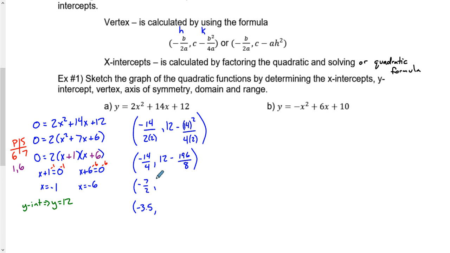Of course, if we're just strictly calculating, absolutely negative 7 over 2 would work out really nicely. Say 196 divided by 8 is 24.5. So 12 subtract 24.5 would be negative 12.5.